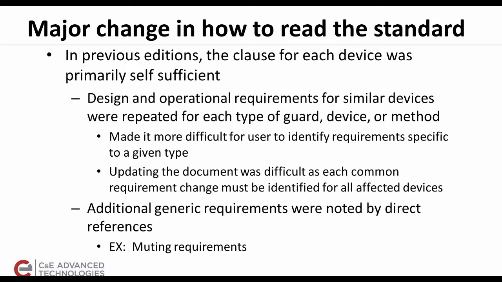This made it more difficult for a user to identify the specific requirements of any one particular type. It also made the updating more difficult for the standards committee. In addition, of course, there would always be references back to other requirements, such as if a device had a muting application, the muting requirements would be an indirect reference within the standard.